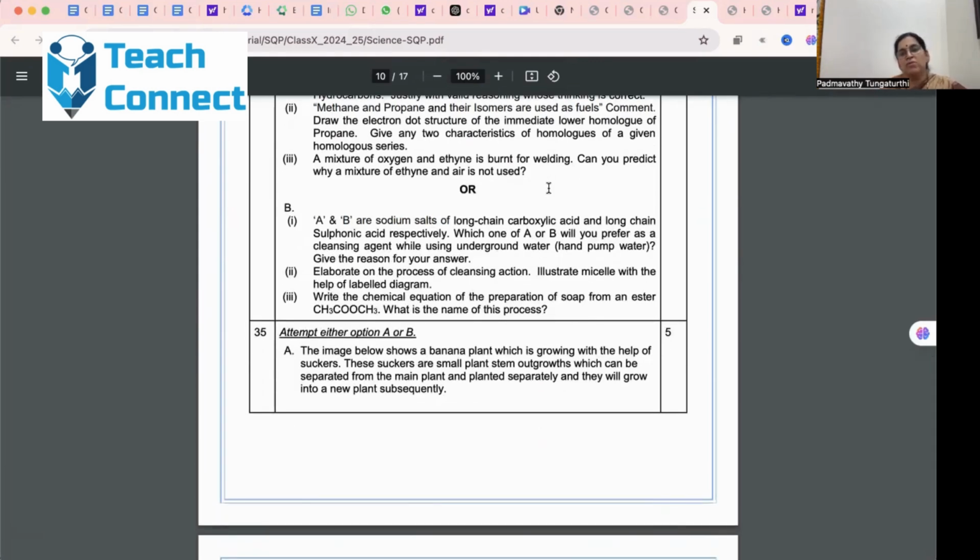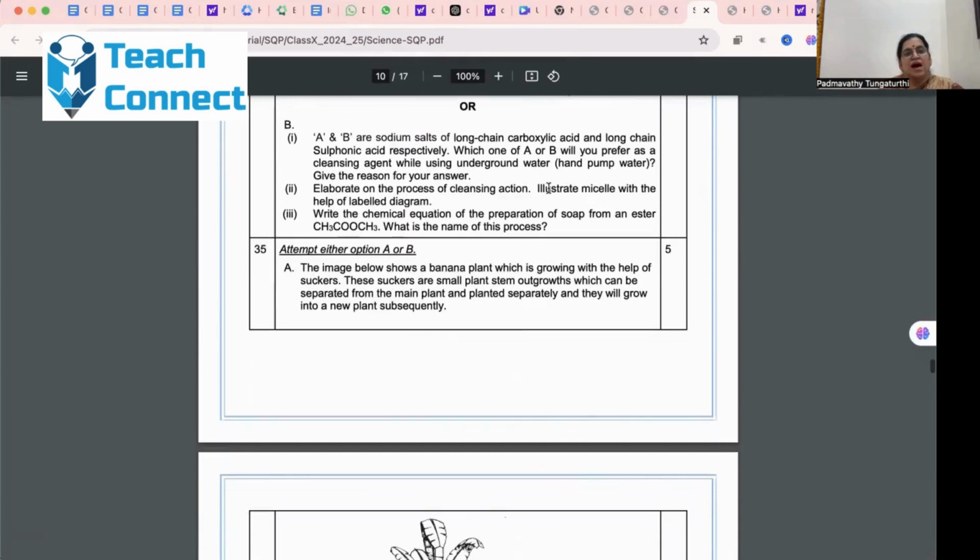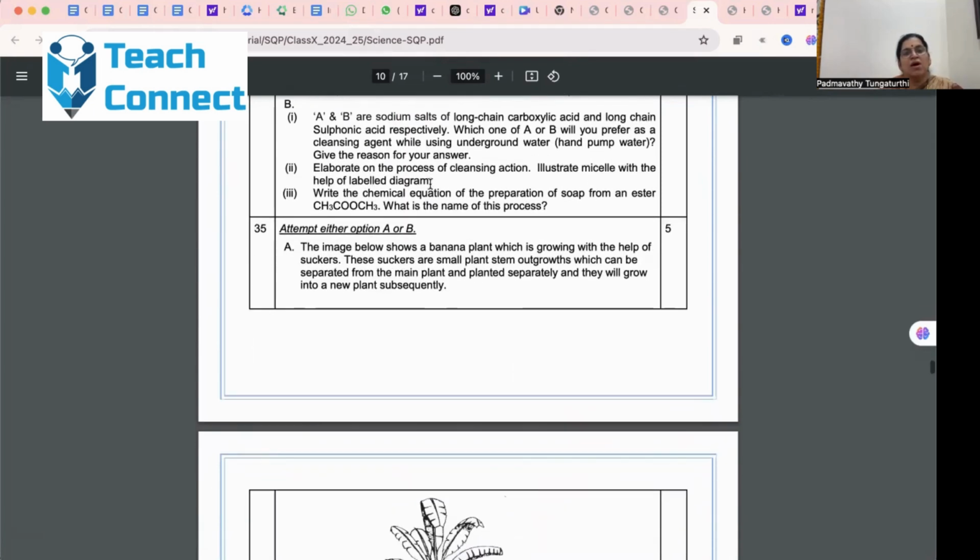Having spoken about 1 carbon and 3 carbon, definitely it's a valid question to ask for a homologous series. And how ethane is burnt for welding, that is, presence of oxygen is important rather than the presence of air in order to avoid soot. That's how question, either there is an or choice over here, long chain carboxylic acid and long chain sulfonic acid questions are given.